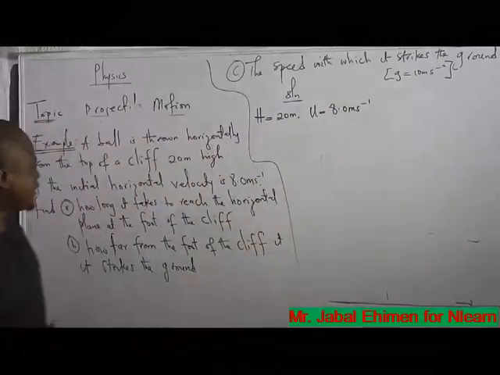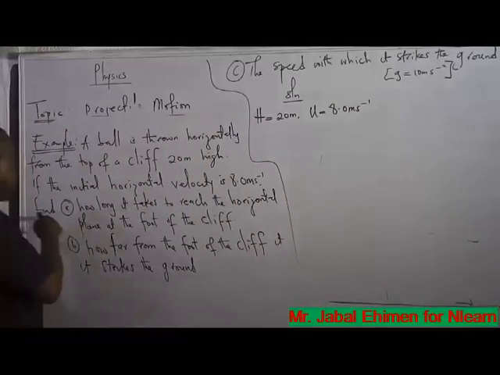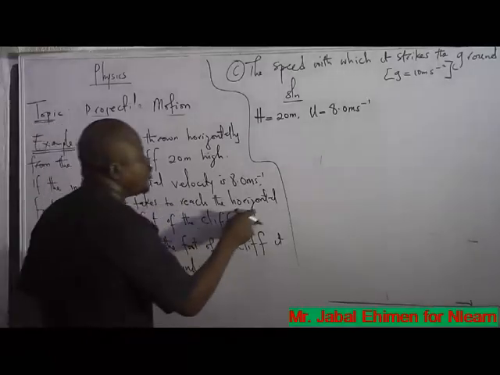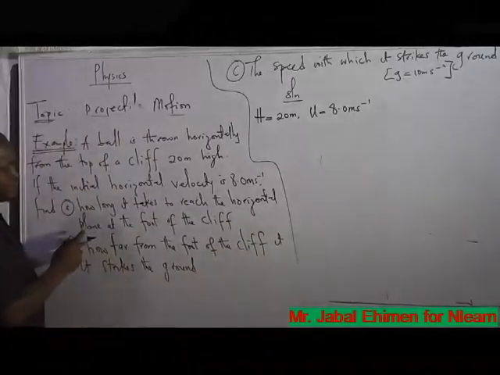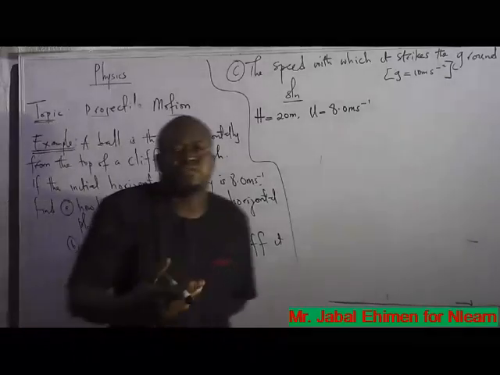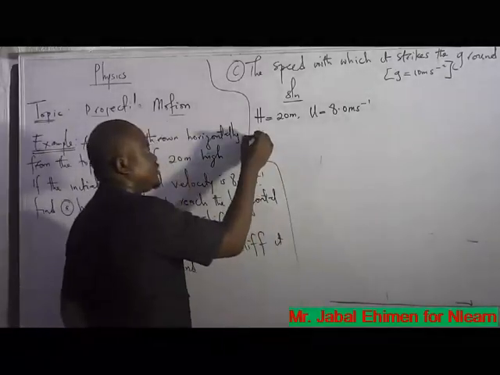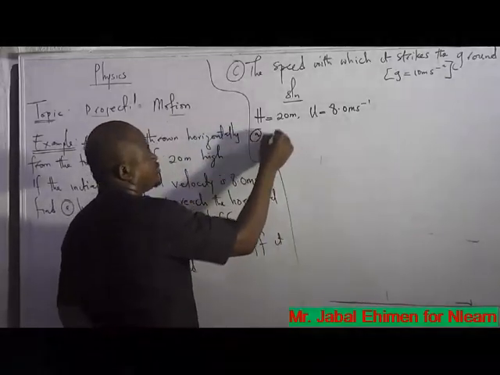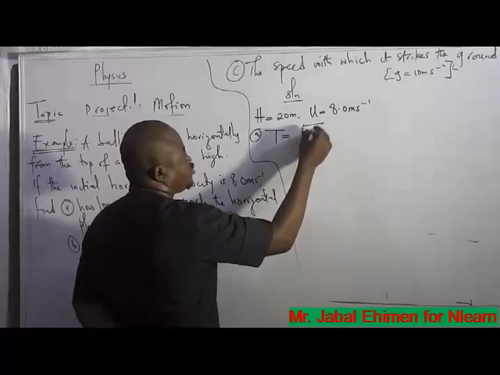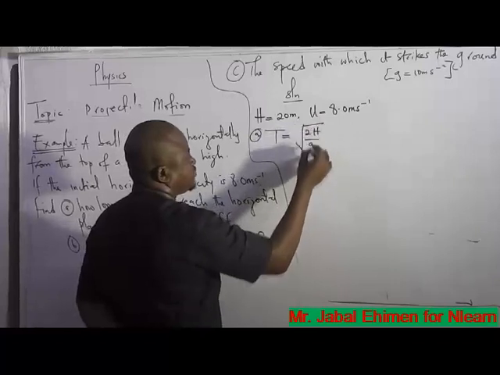Good. Now the next thing is, find how long it takes to reach the horizontal plane at the foot of the cliff. How long does it take? The time it takes, which is the first question, is t, and it's equal to the square root of 2h over g.